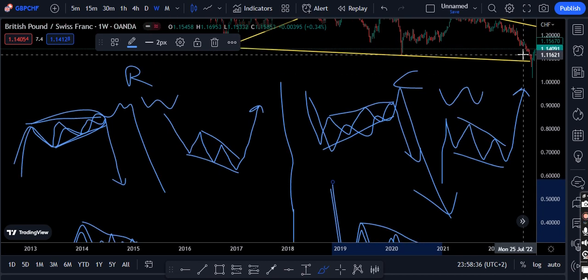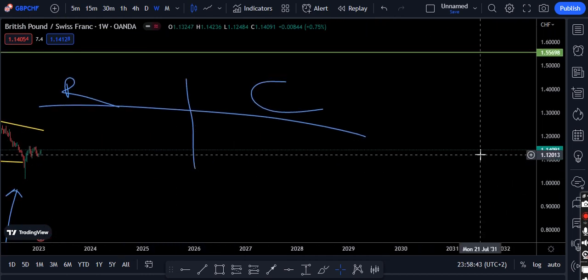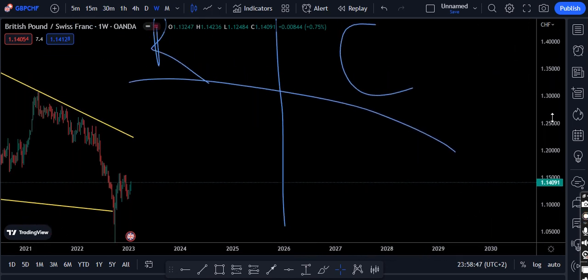So back to this. I've already shown wedges and symmetricals, and how you can describe them as a reversal and continuation, how they look like.